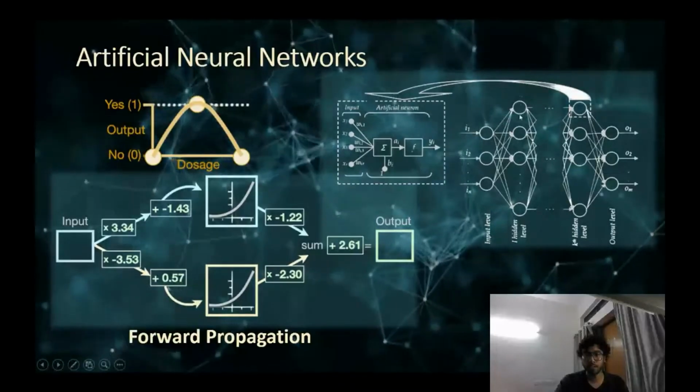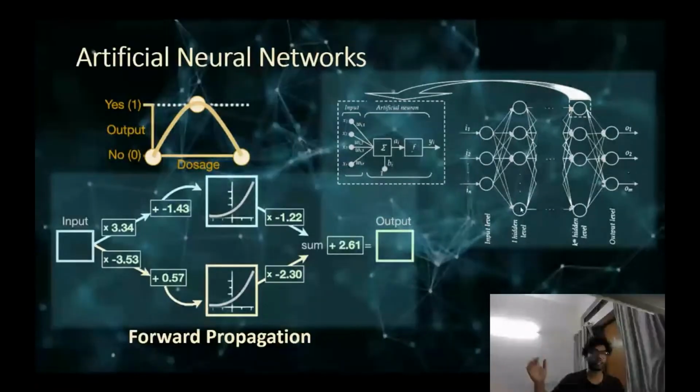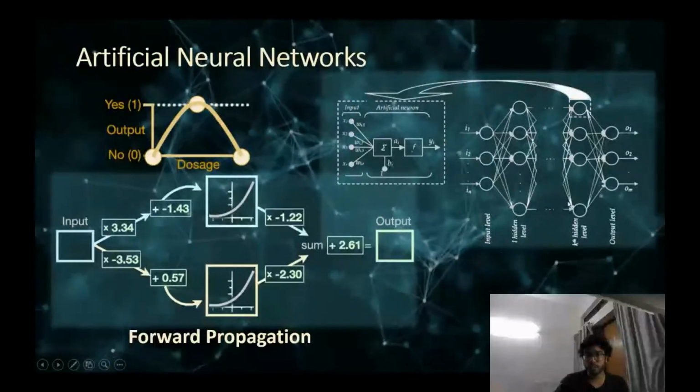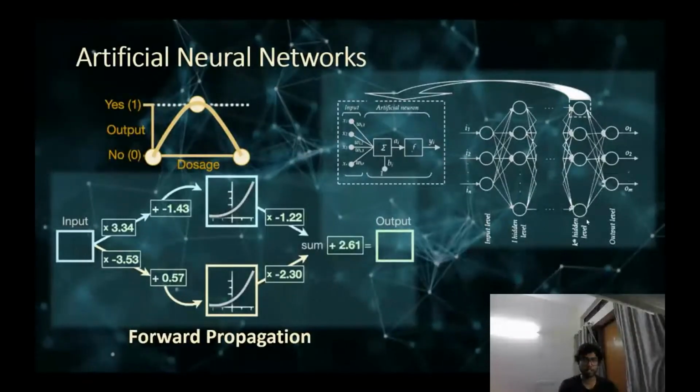You could have layers of multiple neurons, and multiple layers one after another, finally going into the output. So this is the input layer, then you have multiple hidden layers, and finally the output layer in a well connected fashion. This is what an artificial neural network looks like.